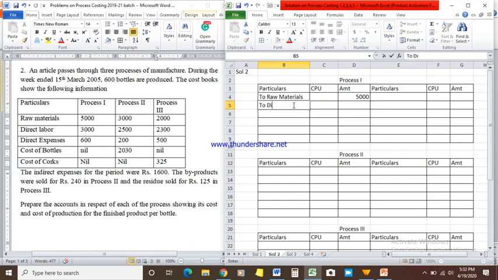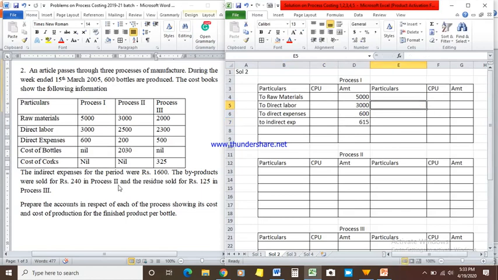So to raw materials, to direct labor, to direct expenses, cost of bottle is not there, cost of cork is not there, to indirect expenses, 615.